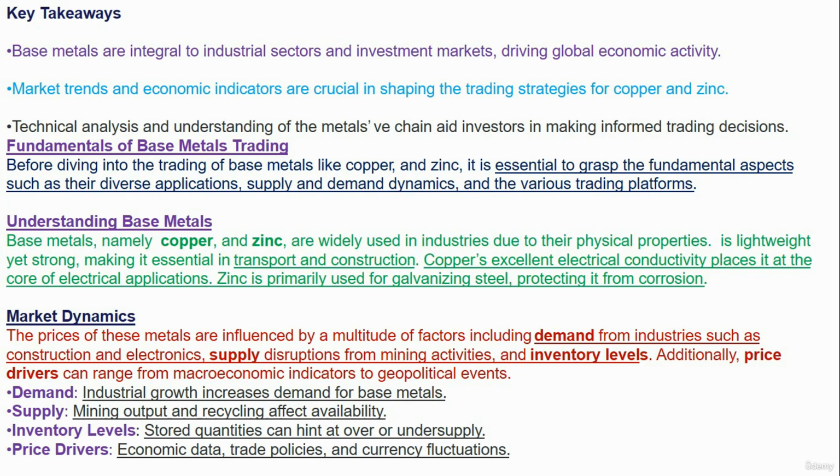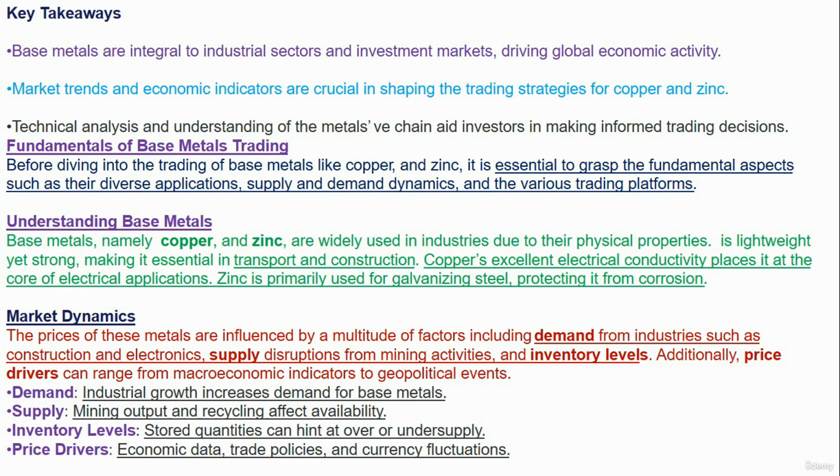So as a trader we should understand the market dynamics, so he will be able to understand how demand is coming from the industries, and this demand is from construction, electronics, and how mining activities impact the supply, and how inventory impacts the price.